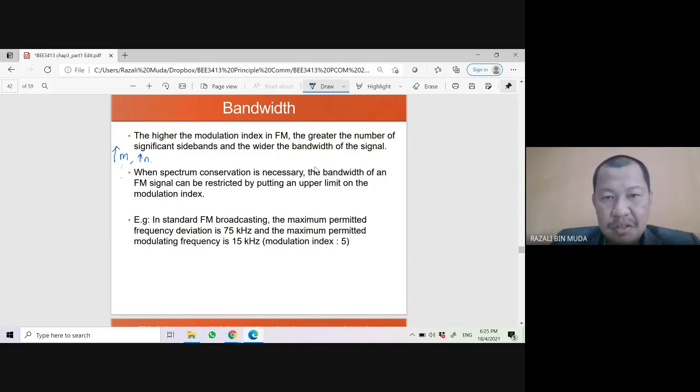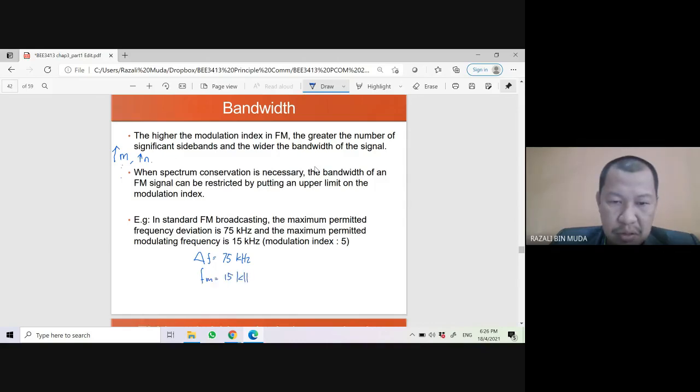When spectrum conservation is necessary, the bandwidth of an FM signal can be restricted by putting an upper limit on the modulation index. For example, in standard FM broadcasting, the maximum permitted frequency deviation is 75 kHz, delta F equal to 75 kHz, and the maximum permitted modulating frequency is 15 kHz.